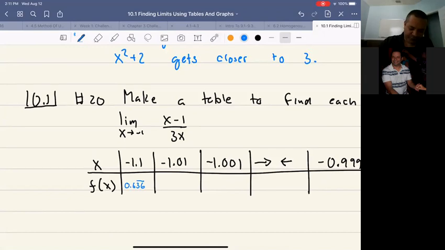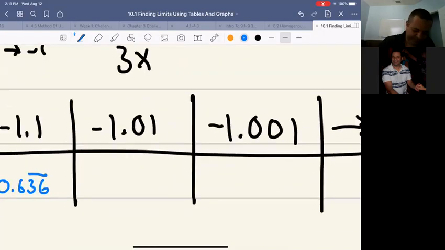Doing it again for -1.01, I get 0.66336633.